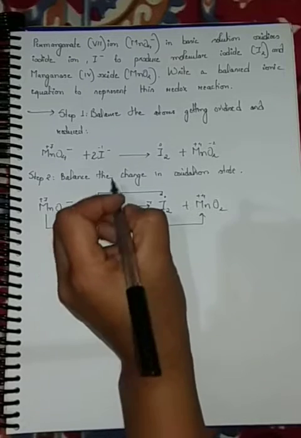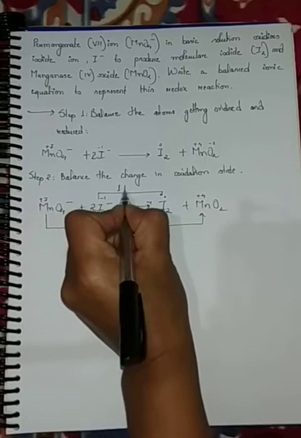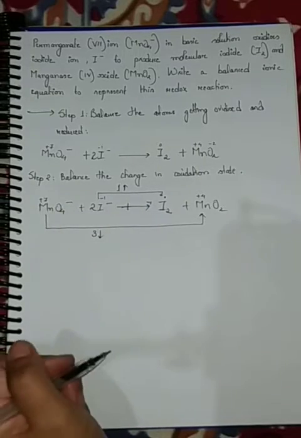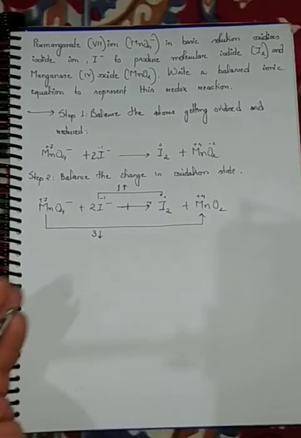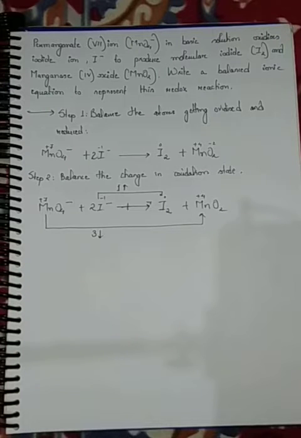That is only an increase of 1 unit for each iodine. The total number of electrons lost and gained should be equal.